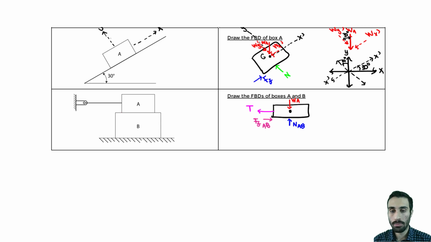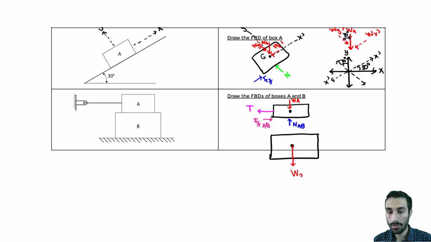Let's do the same thing for the bottom box. That's a bigger box, so box B. For that one, same idea. You have the center of gravity, and now we know we have a weight, right? The weight of B. So let me just draw that like this.